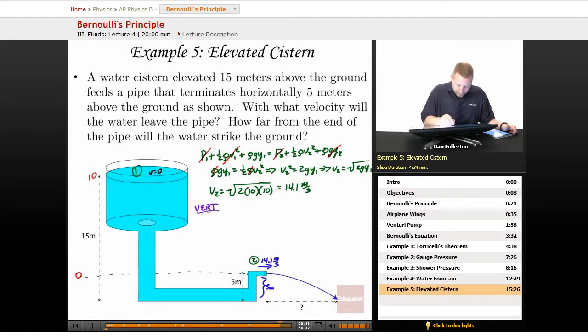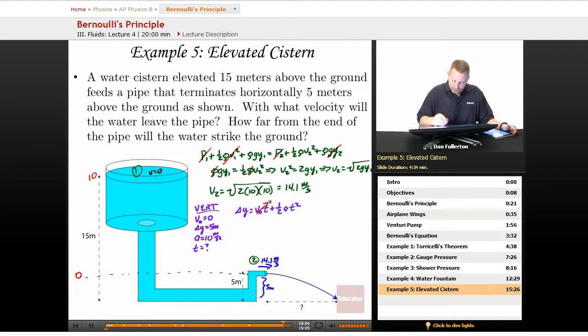That's a vertical kinematics problem where V initial vertically is 0, delta y will be 5 meters, acceleration will be 10 meters per second squared, and we need to find the time. I would use the equation delta y equals V initial t plus 1/2 a t squared.